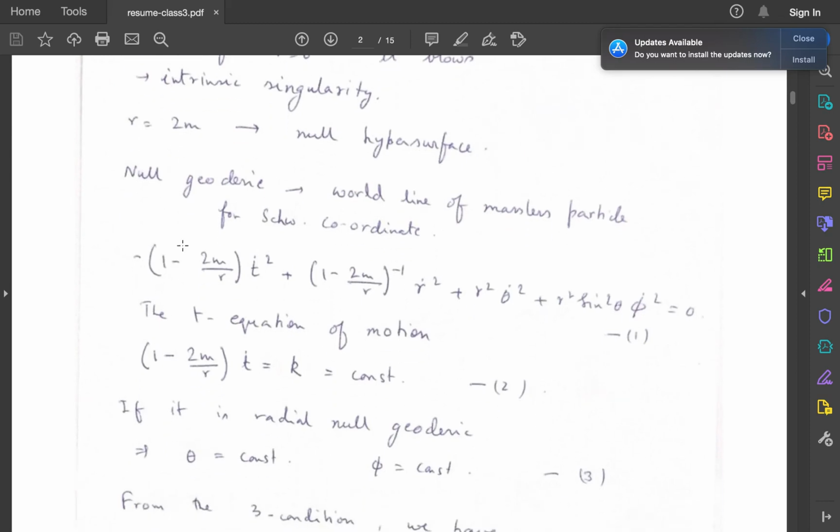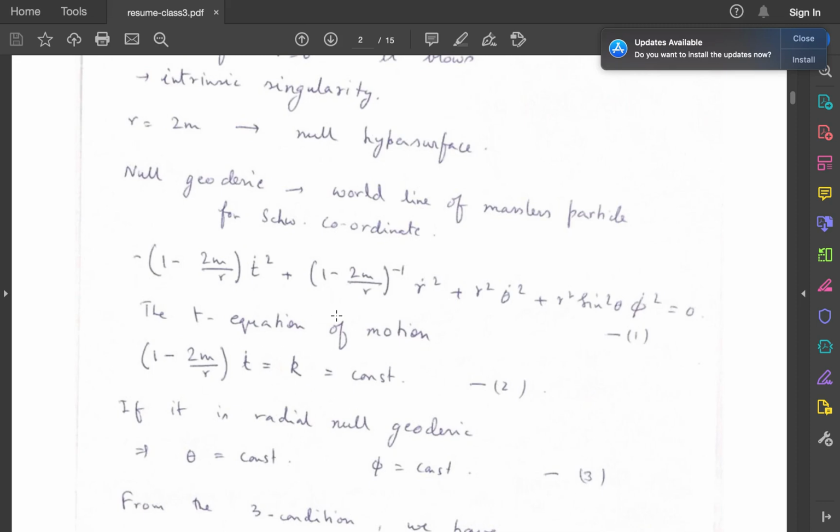So if I solve that in Schwarzschild geometry, t dot means derivative with respect to proper time, or any good affine parameter. For a massive particle, it is proper time. For a photon, it is some good affine parameter. Okay, if I divide both sides by that parameter, we see that this is the equation that gives us the world line of a massless particle.